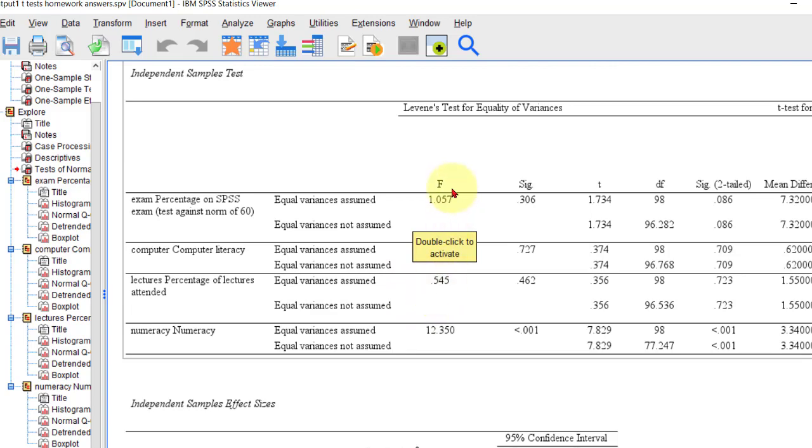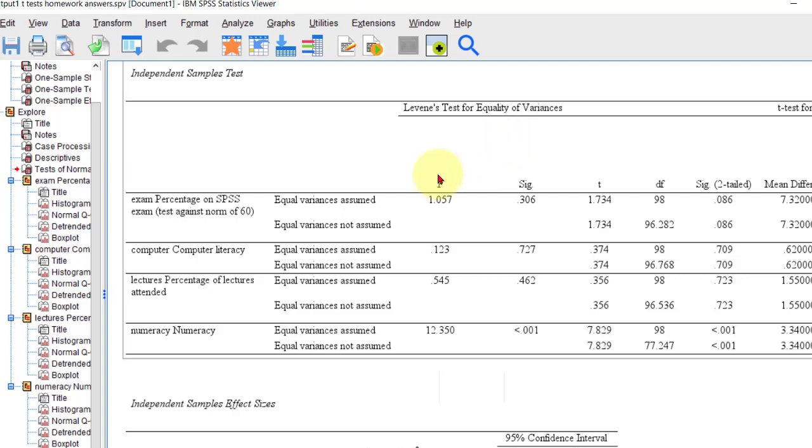Very important, this first test right here, where it says Levene's test, these first 1, 2, 3, 4 columns are about the Levene's test. So the Levene's test measures the assumption of homogeneity of variance. That means that the variance between the little groups is roughly the same.